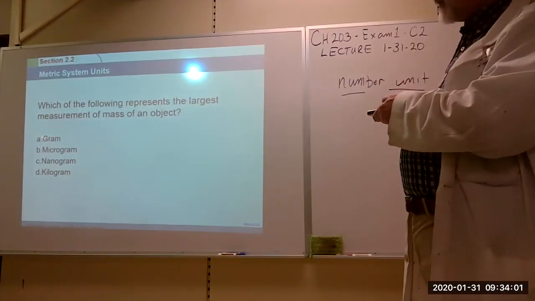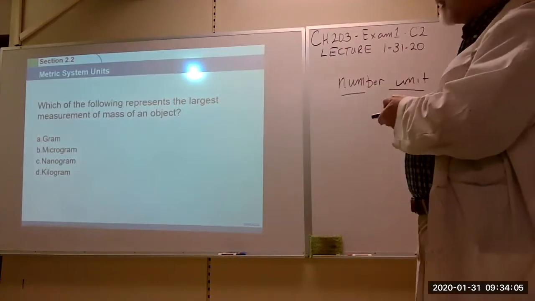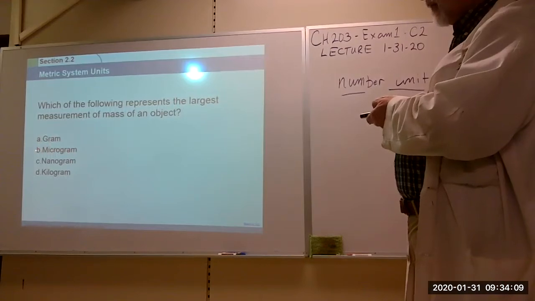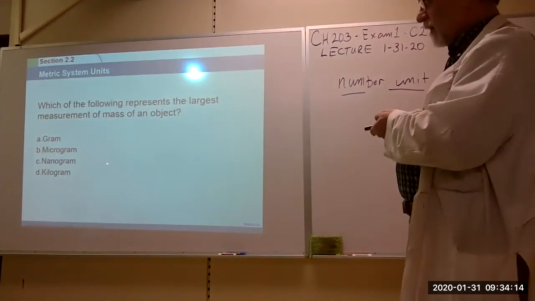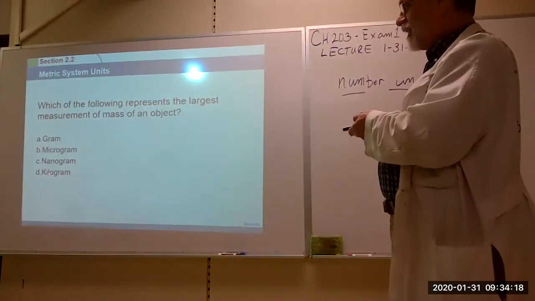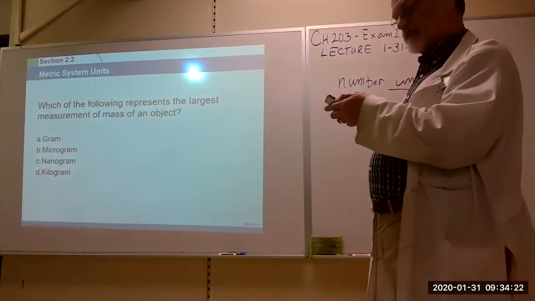So this prefix is non-existent. It's just gram, right? So is this one smaller than a gram or larger than a gram? Oh, right, microgram. How about nanogram? That's even smaller than a micro, isn't it? Kilo. That's the biggest one, isn't it? Because it's 1,000 times.